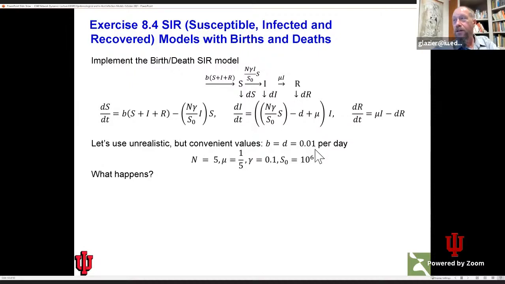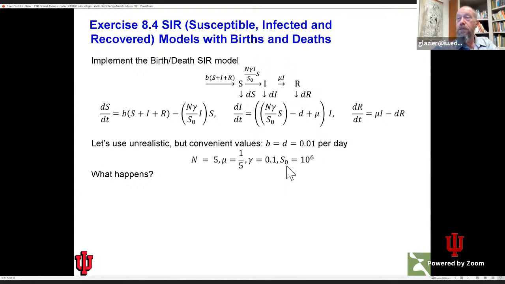Because this is saying that each person is giving birth to a child every 100 days, which is silly. For a cat, that's about right, although the lifetime of the cat is longer. So why don't we just try that and run that simulation?